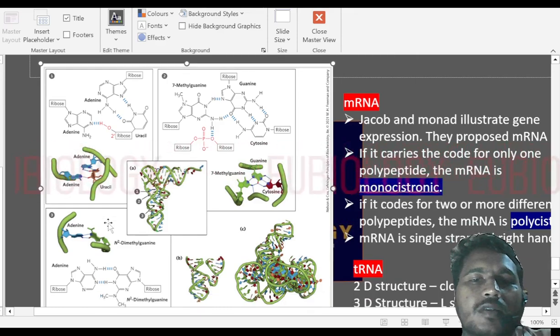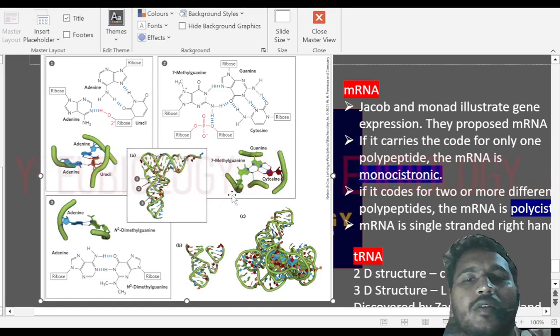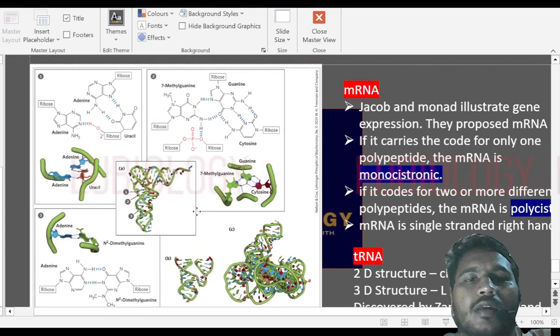You can see here also adenine binds with N2 dimethyl guanine. It is not usually happening, but it is binding here, adenine with N2 dimethyl guanine. Or you can see 7-methyl guanine binds with guanine. So all these different, unexpected structures or bindings you can see in the tRNA.